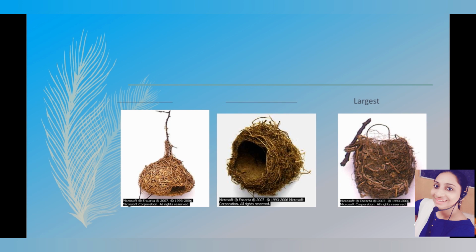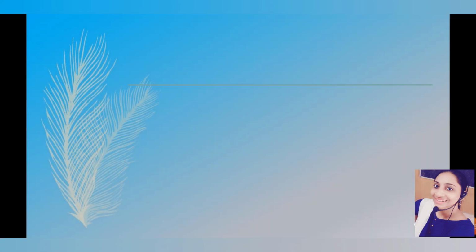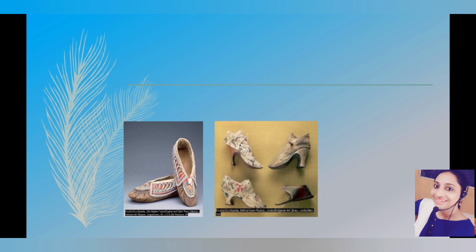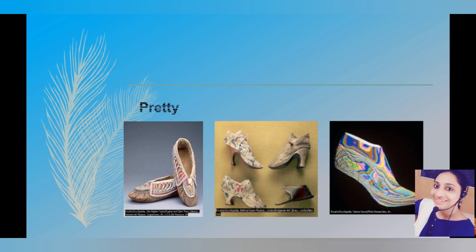So what will be the positive and comparative degrees? Large and larger. So large, larger, largest. Okay. Next. See these beautiful sandals. Pretty, prettier, and what will be the superlative degree of pretty? It's prettiest. Yes, very good.